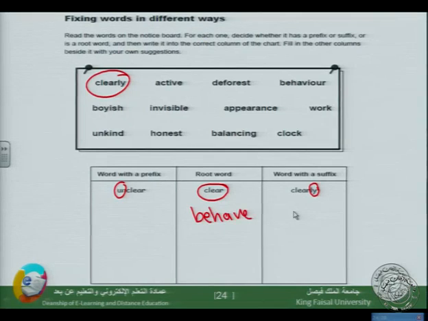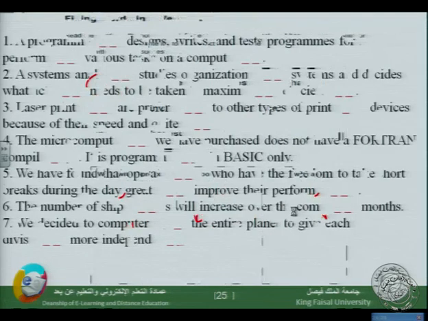Behave, this is the root word. You can add the suffix to get behavior, or you can say misbehave. So do the rest of these words by yourself as well. Again, the importance of having a lot of exercises is to help you understand the main points of this lecture.